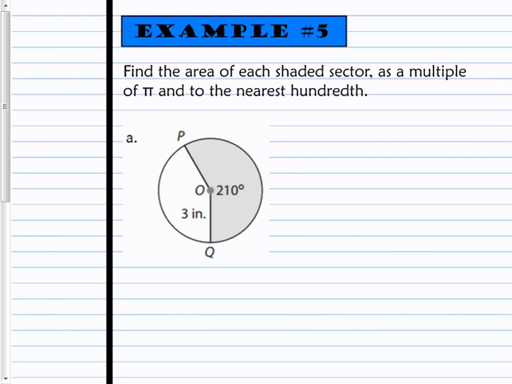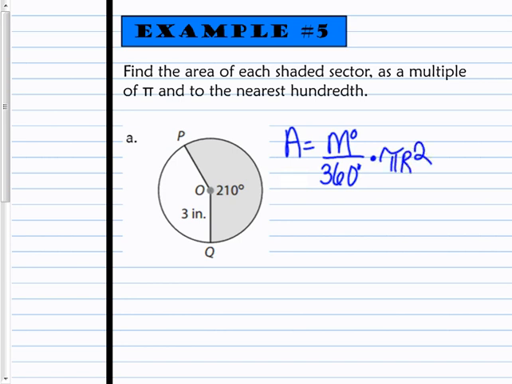Okay, example 5, letter A. The only example we'll do in the video, and then we'll do the rest in class. Find the area of each shaded sector as a multiple of pi and to the nearest hundredth. So the formula is area equals the measure divided by 360 degrees times pi r squared.